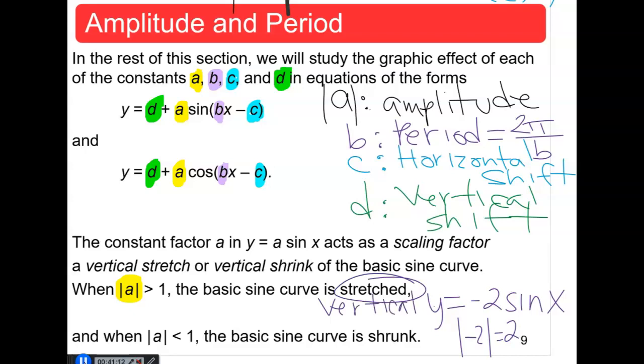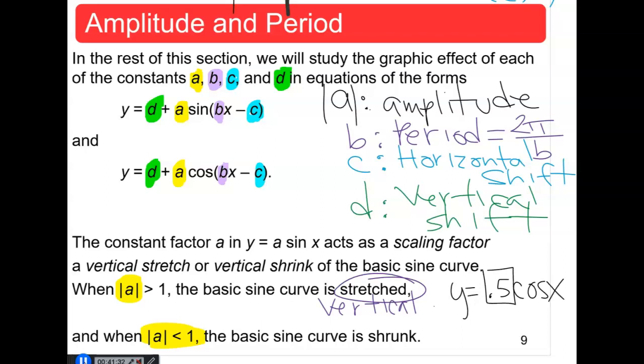And if the constant is less than 1, whether it's positive or negative, because we're using absolute value, let me give you an example. Let's pretend you have a function like 0.5 cosine x. We know 0.5 is a number less than 1, and for that reason, the graph will be a vertical shrink, because some books call it a vertical compression.